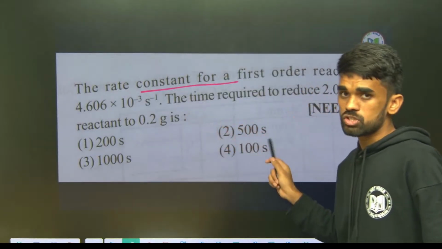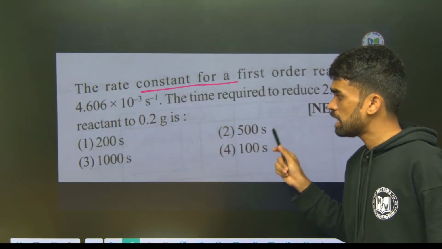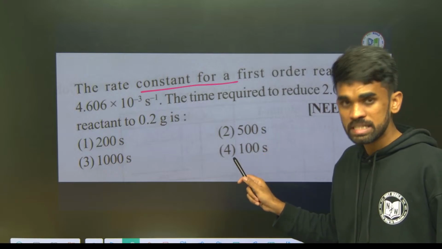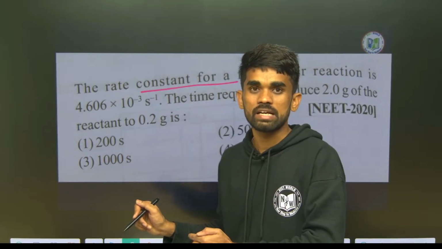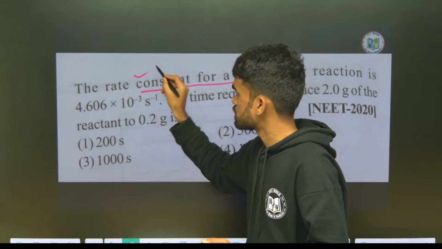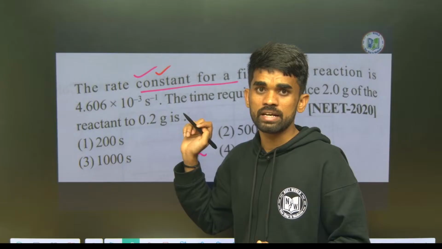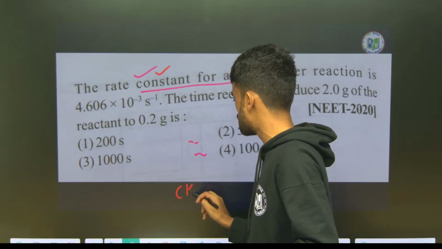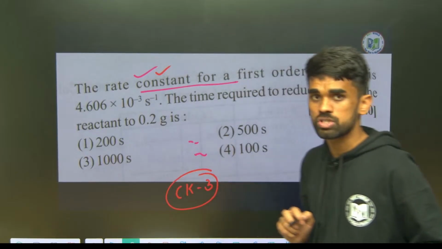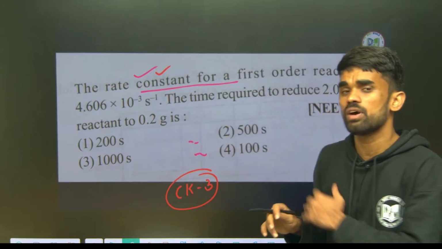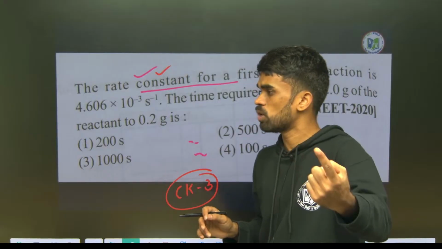Try to solve this question, and if you are really facing difficulty to answer this, you should watch the chemical kinetics series videos which I have made. In that I have discussed this during the first order reaction. I think that is chemical kinetics part 3. So in that video I have discussed this question. So just try to answer this. If you are unable to answer, then only you can go and watch it.